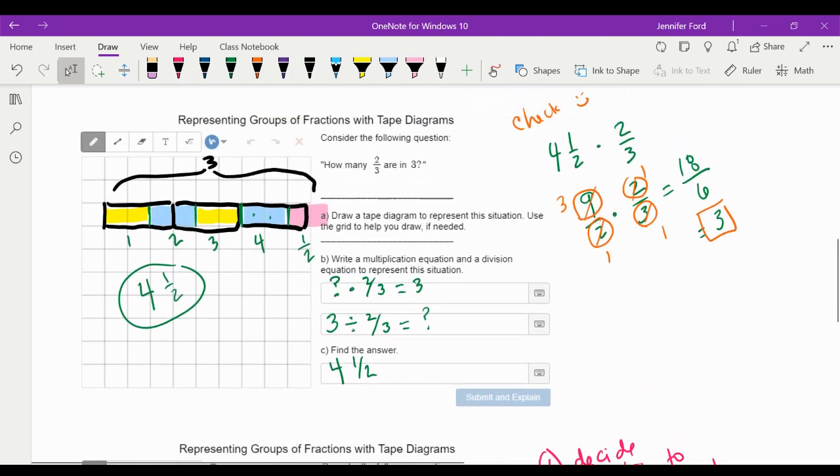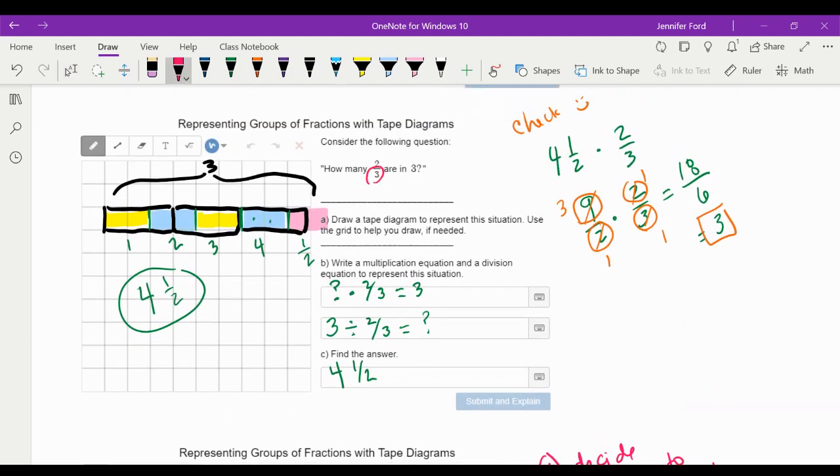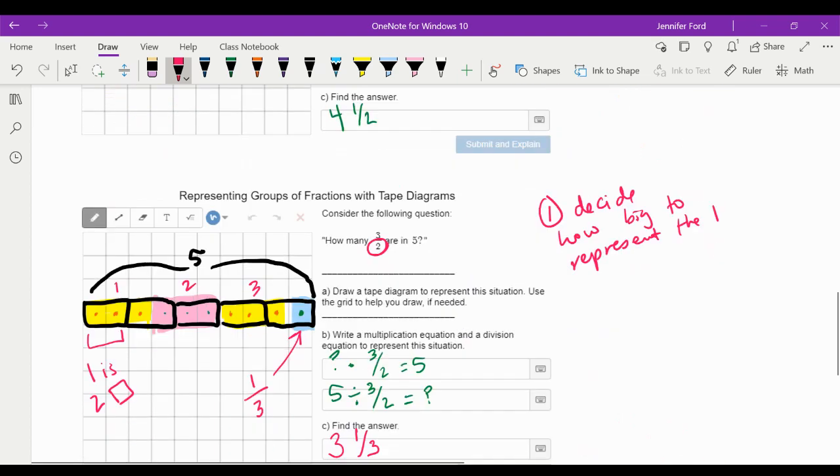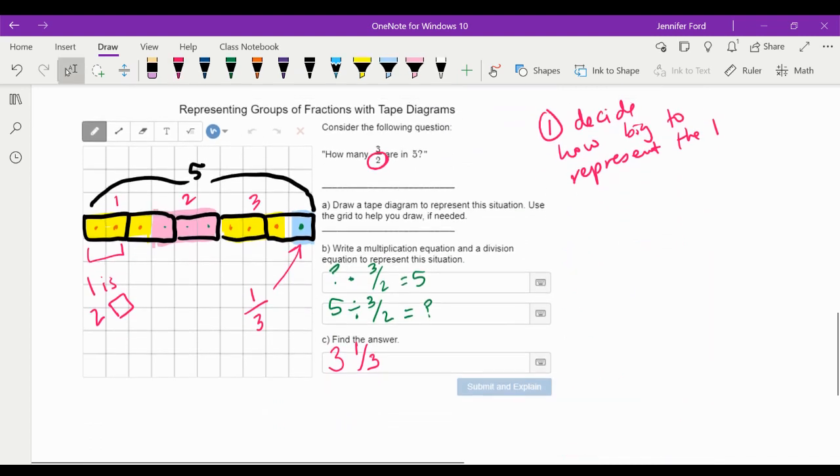But up here, because I was doing thirds, 1 was 3 squares. It doesn't really matter how big or how small you represent the 1. Just do whatever makes the diagram easiest. So I always just do whatever the denominator is of the fraction. That's what I do. So decide how big to represent the 1.